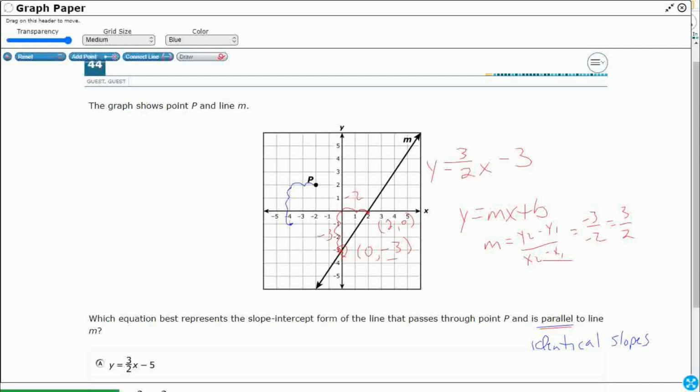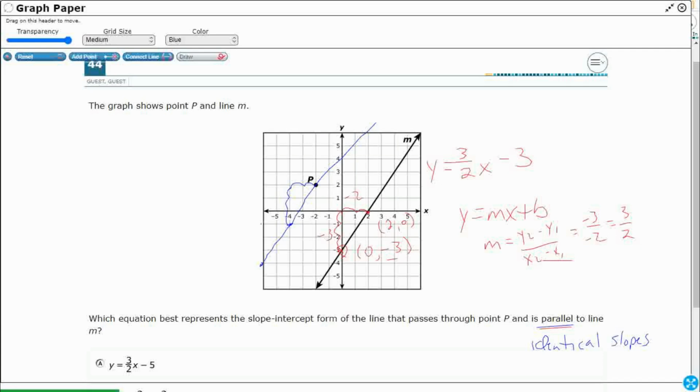I could do that again: over 2, 1, 2, 3, down 3. So I can use this as a guide, and just draw my line through here. It's not the straightest line in the world, but we can at least see what our slope is.